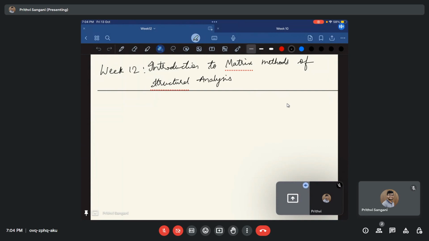Whereas in the stiffness matrix method, we usually give a unit displacement. Again, the displacements can either be linear displacements, vertical, horizontal, or whatever, and also rotations. So we'll be giving unit displacements at the nodes, or at the joints, or at the places where we want to find different types of forces, like the bending moment, shear force, or axial force.